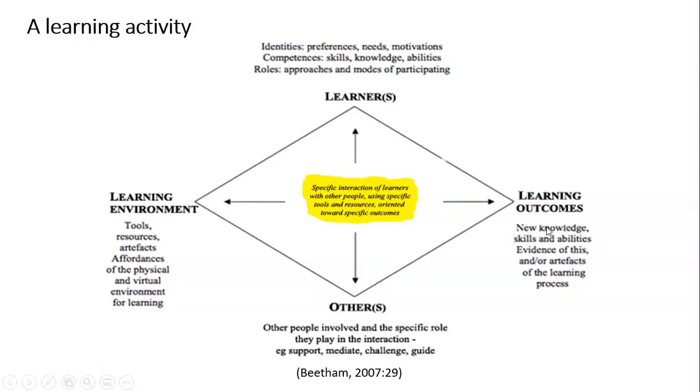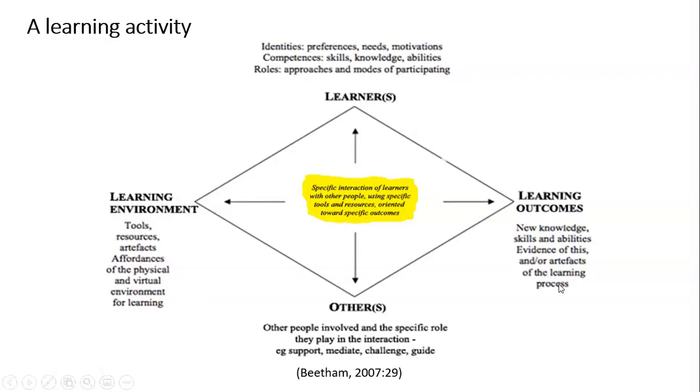And so thinking about the learning outcome, what do you want them to achieve at the end of the day? Is it new knowledge? Is it new skills and abilities? And are they creating something?